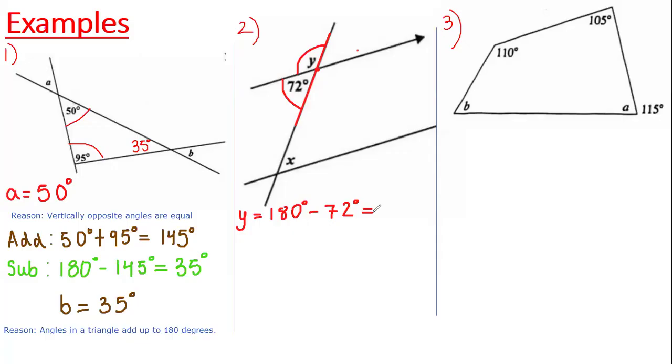So we get 180 minus 72. That gives me 108. I got 108 as well. So 108 degrees. So now we know that y is equal to 108.